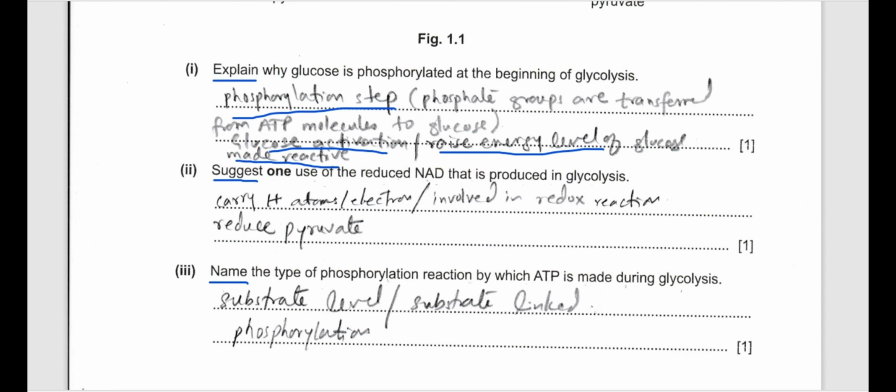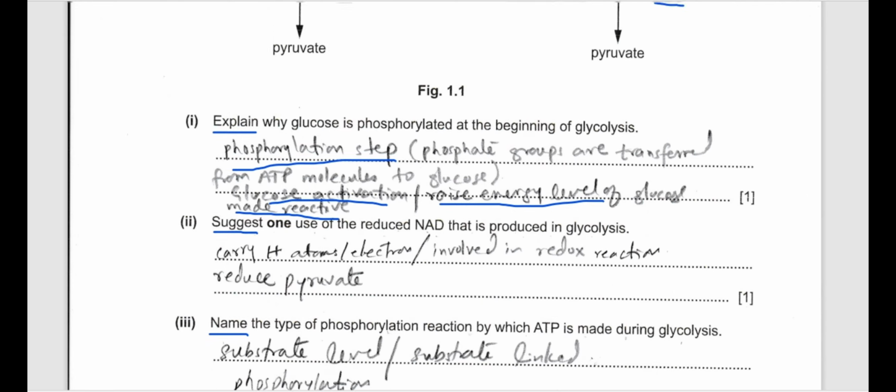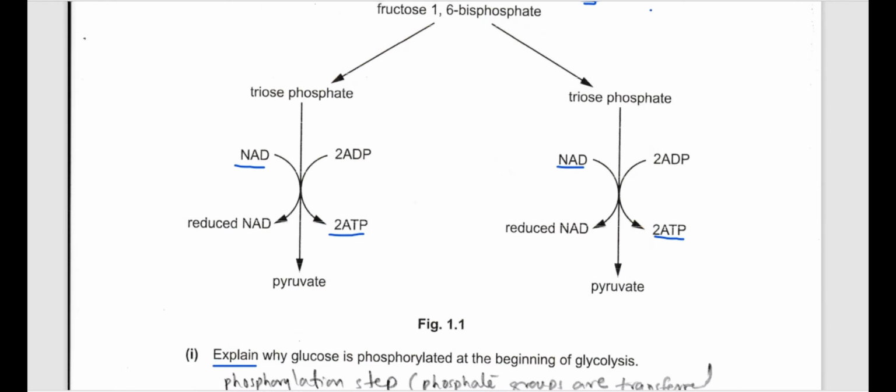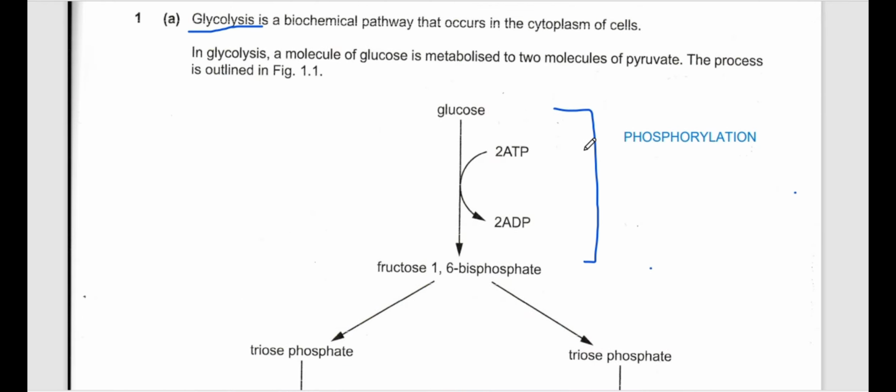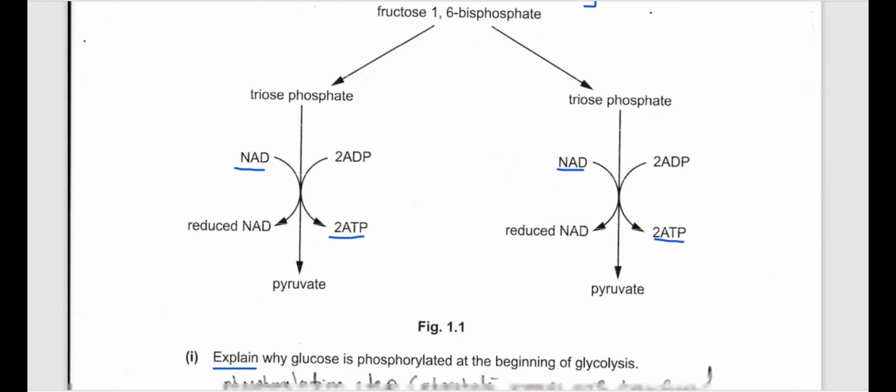So if I scroll up a little, you can see that initially we use two ATP molecules for starting the biochemical pathway of glycolysis, and our payoff will be 2 ATP.